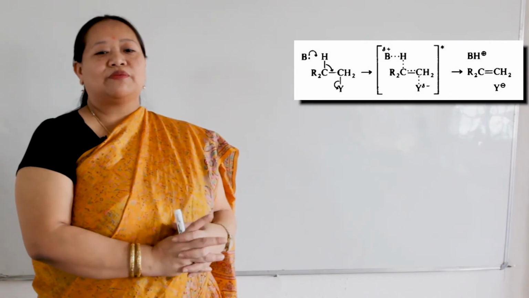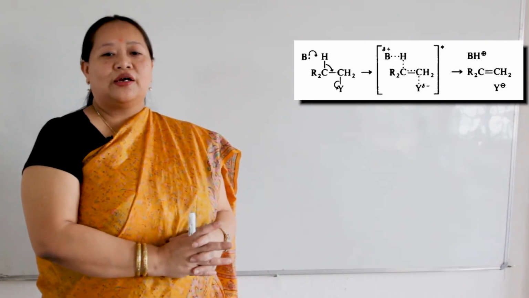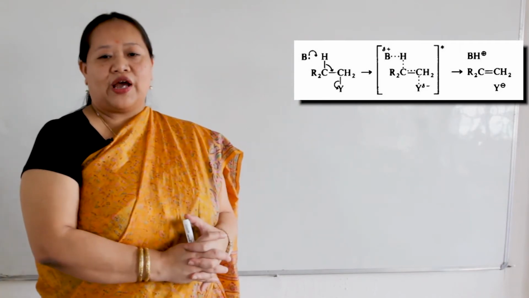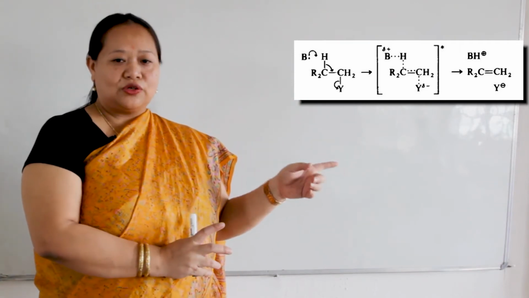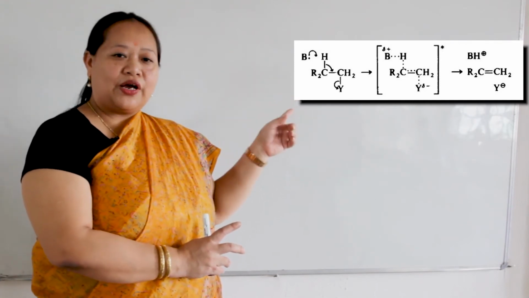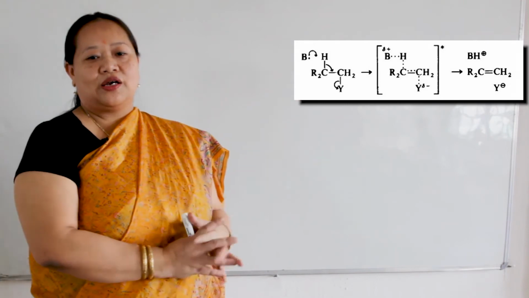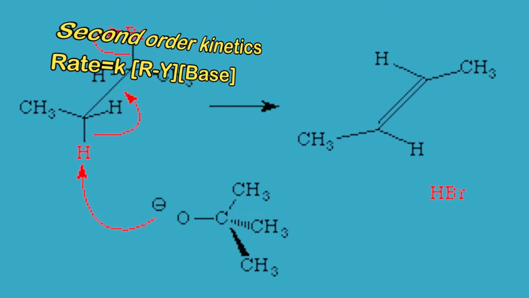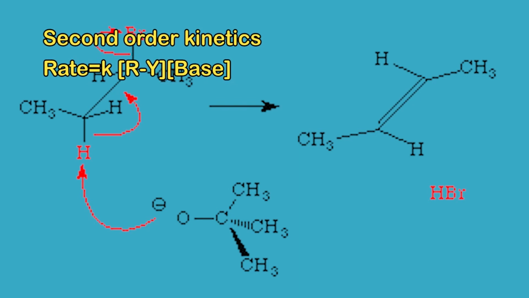The E2 mechanism shows second order kinetics, where the overall rate of the reaction is proportional to the concentration of both the reactants, that means the substrate as well as the base. So the rate is equal to k times the molar concentration of the substrate, here RY, times the molar concentration of the base that we use.